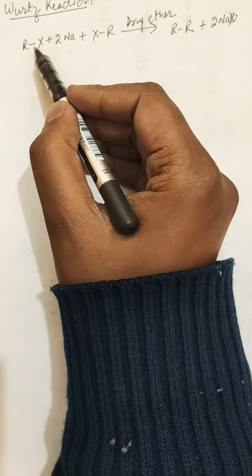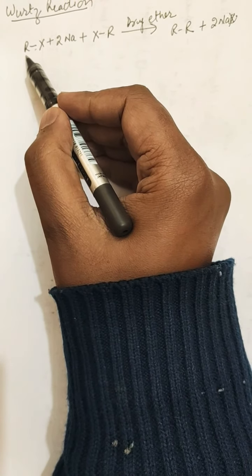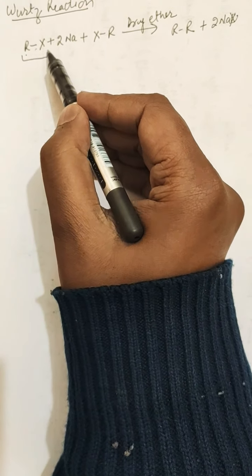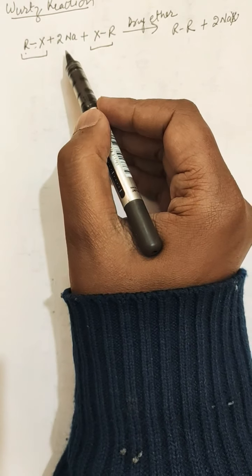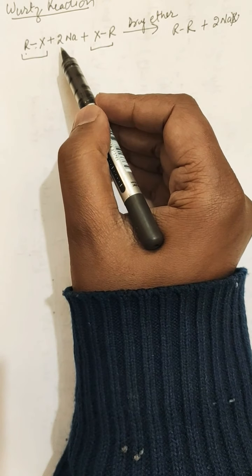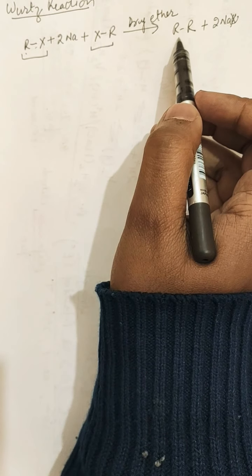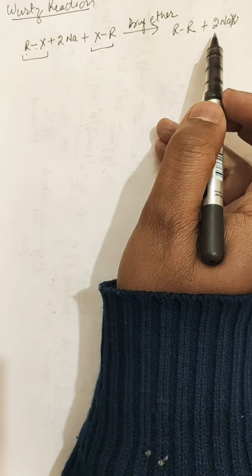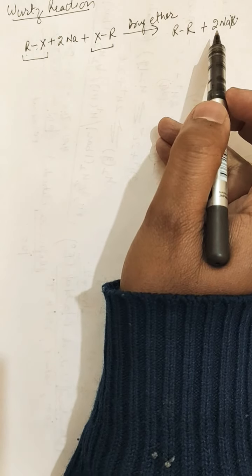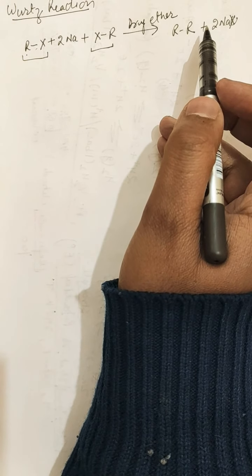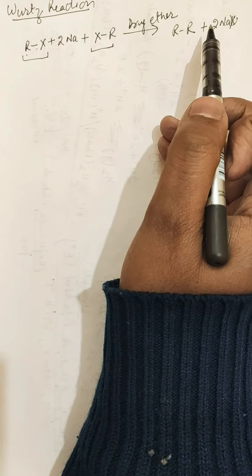Two molecules of alkyl halide, that is alkyl means R, halide means X, one molecule and second molecule are reacting with two atoms of sodium in dry ether to form the alkane plus two molecules of sodium and its corresponding halogen atom.